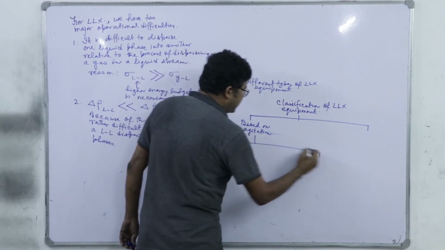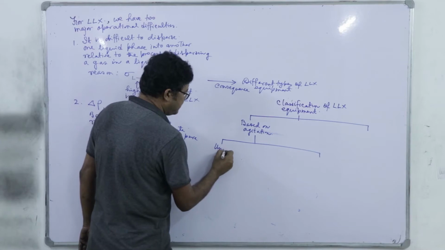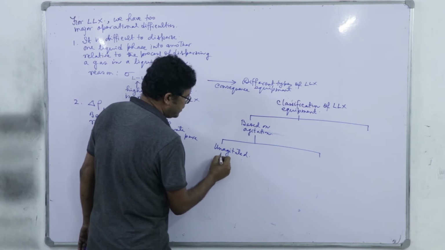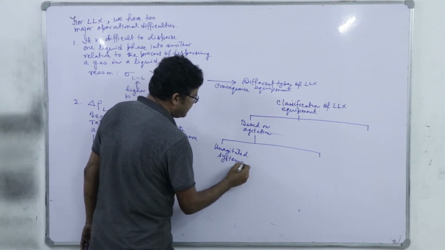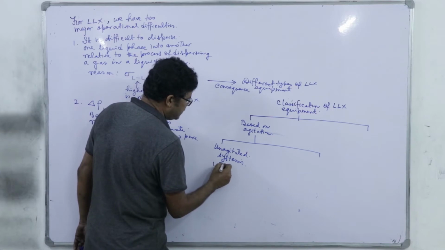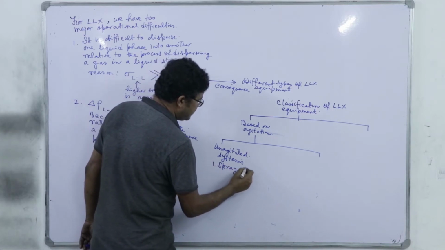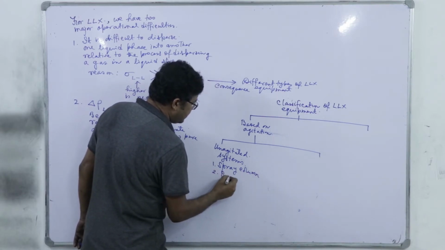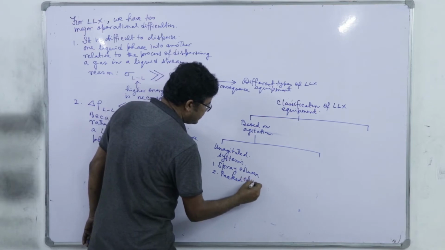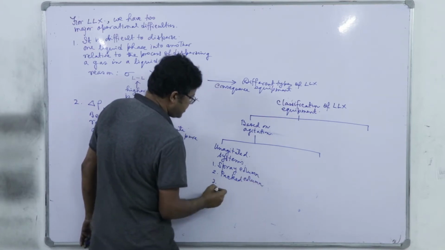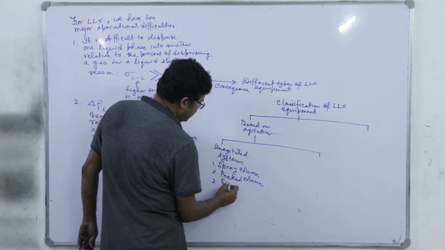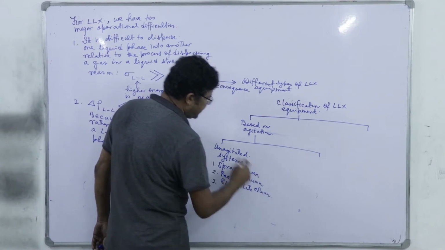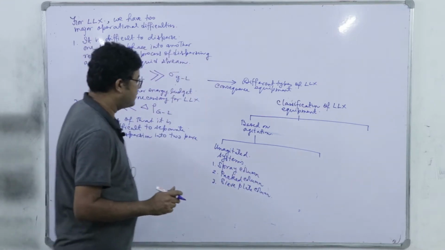So, you can definitely have unagitated columns. Unagitated systems, which incorporate spray column, packed column, next the sieve plate column, just like the plate columns we have studied in distillation or absorption towers.